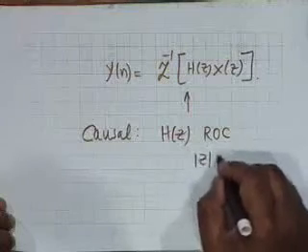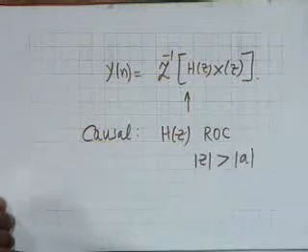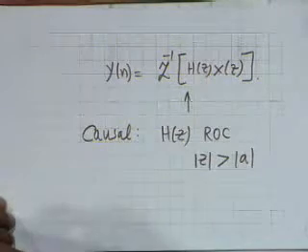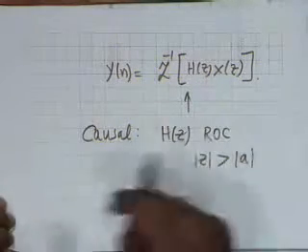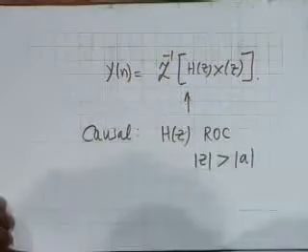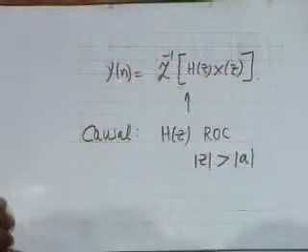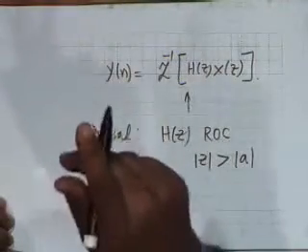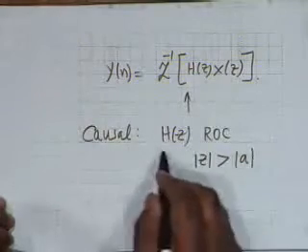In other words, it would be a right-sided ROC, if you think of a circular symmetry. Okay, outside some circle of radius a, let's say, ROC. Is the reverse true? Not necessary. Why? Because the sequence might start from n less than 0. So it's a forward statement.